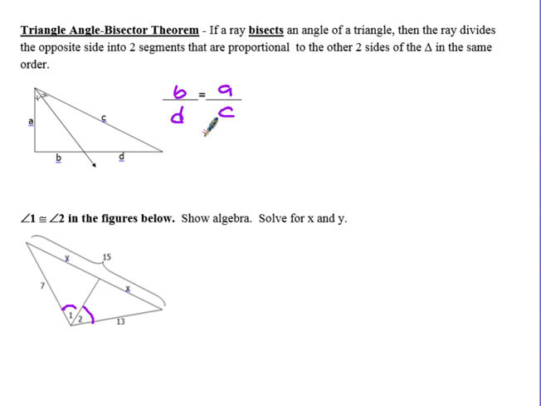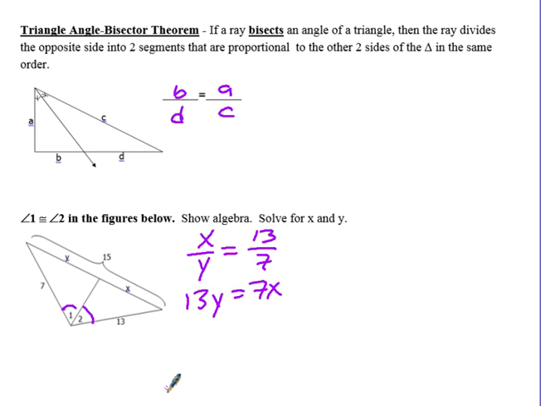Relating it back to what we talked about up here, it would look like x is to y as 13 is to 7. When I cross multiply, I get 13y equals 7x, and I can't really do anything with that, so I need another approach.